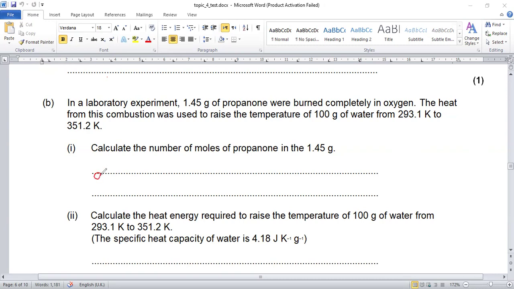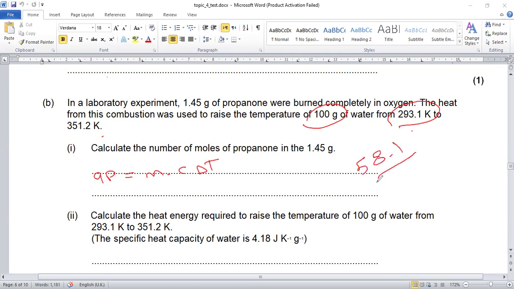The equation is like this: Q equals m c delta T. You indicated mass with 100, the specific heat like this, with delta T the difference between them in Kelvin. It is 58.1.